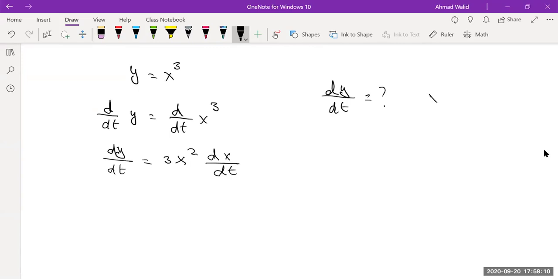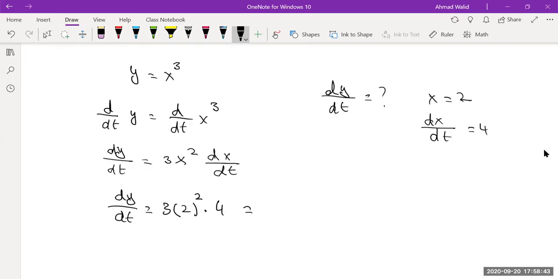I give you the value of x, which was 2, and also I give you the rate of change in x, dx/dt equals 4. Plug in these values in your resulting equation, and easily you can find dy/dt, the rate of change in y. dy/dt equals 3 times x, which is 2, squared, times dx/dt, which is 4.